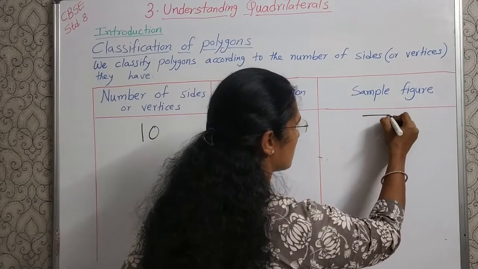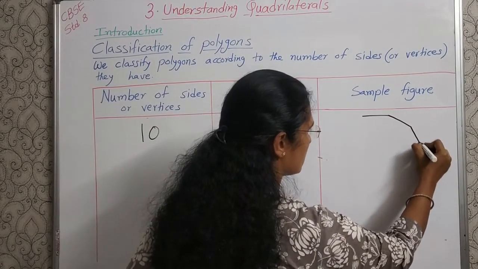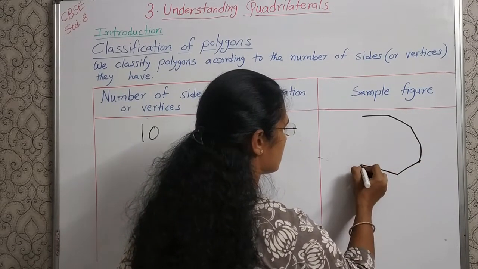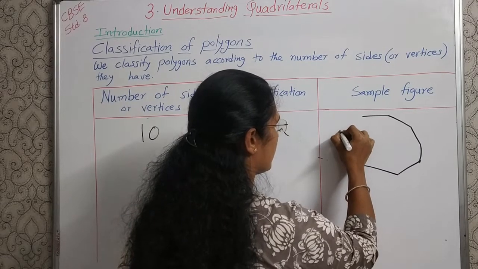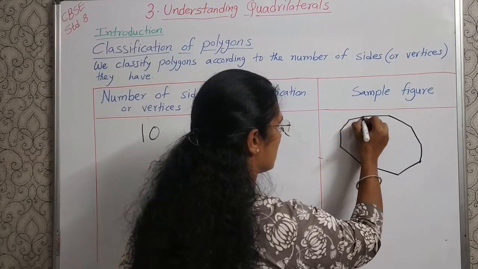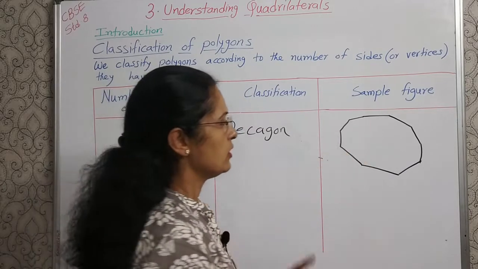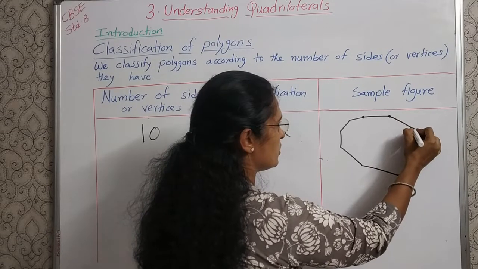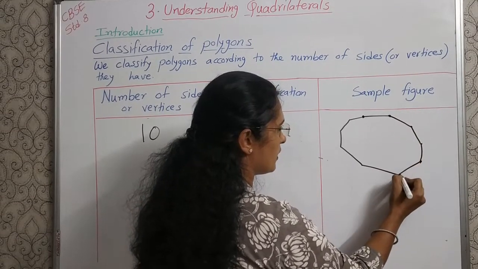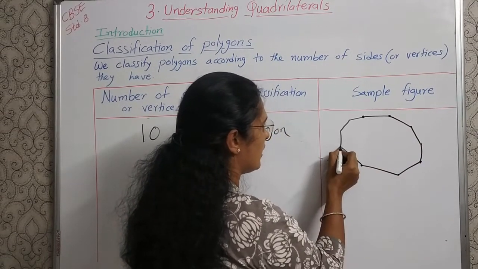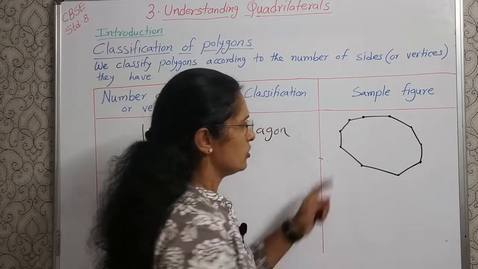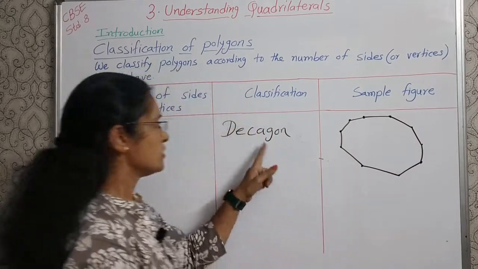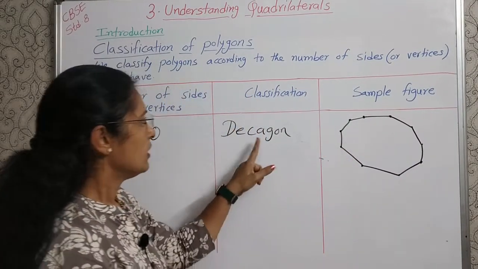So 1, 2, 3, 4, 5, 6, 7, 8, 9, 10. So this is a 10-sided figure. Now vertices are 1, 2, 3, 4, 5, 6, 7, 8, 9, 10. So these are 10 vertices and there are 10 sides. So this polygon is called a decagon.